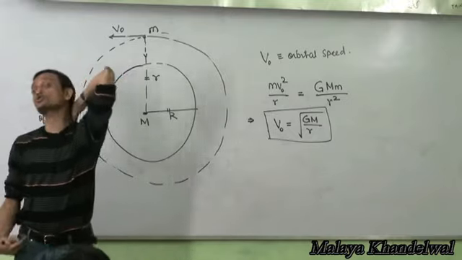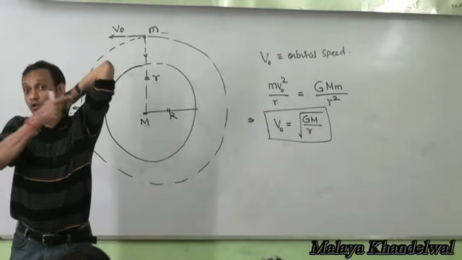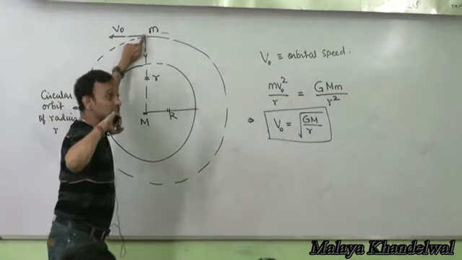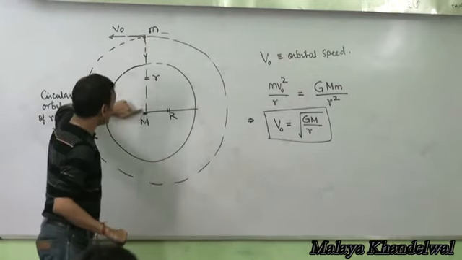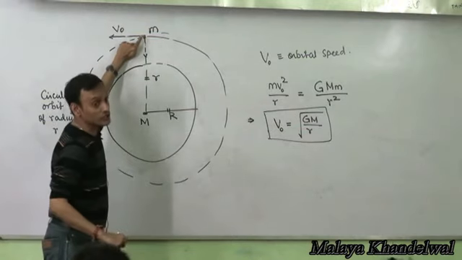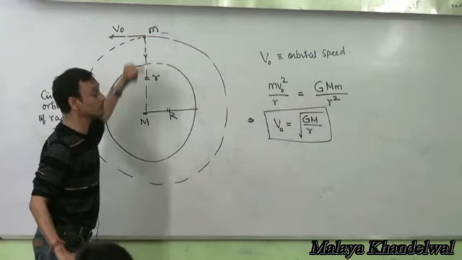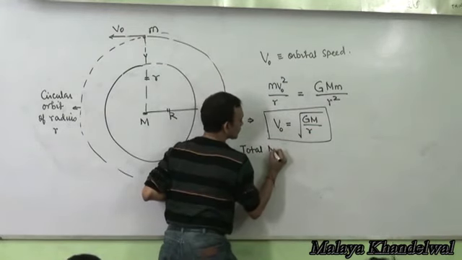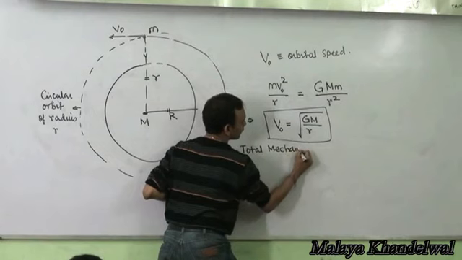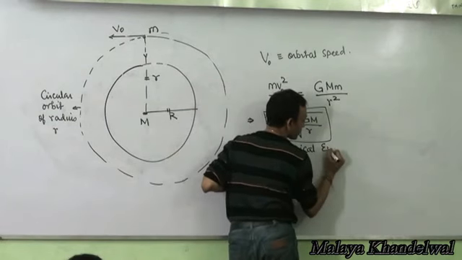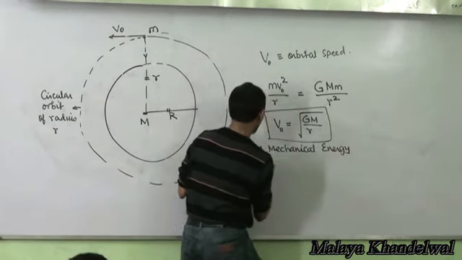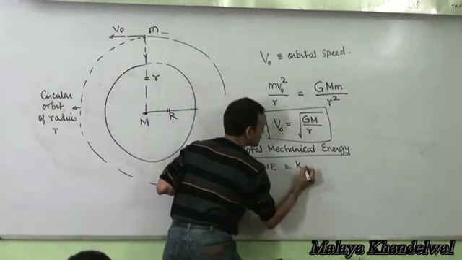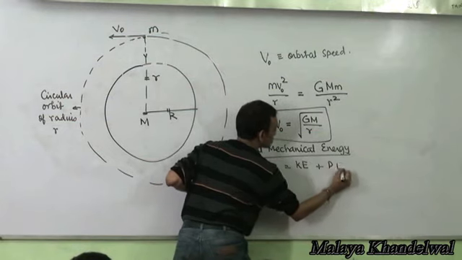Now, what's the total energy of this satellite? While executing this circular orbit, the satellite has kinetic energy half m v0 squared, and being at a distance small r from the center of the earth, it has potential energy. The total mechanical energy of the satellite is kinetic plus potential.